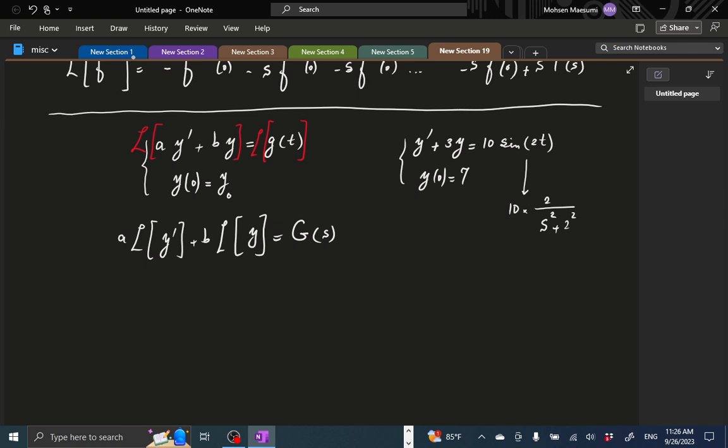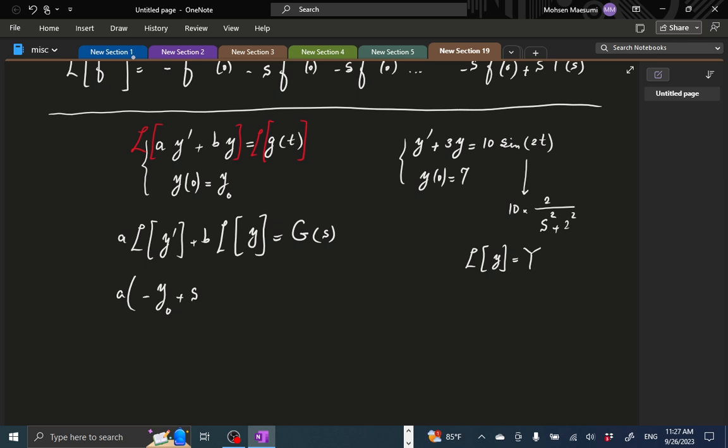Now, just right now, we learn what happens here. This is a times Laplace transform of a derivative, which is negative of initial value, so minus y0 plus s times the Laplace transform of y. Now, what was our convention? Laplace transform of a function, we use the capital.